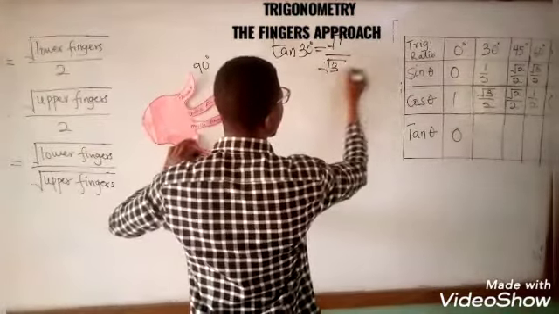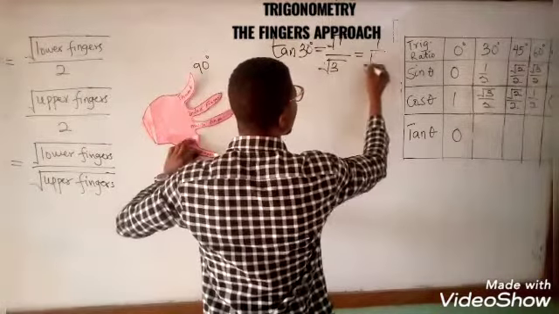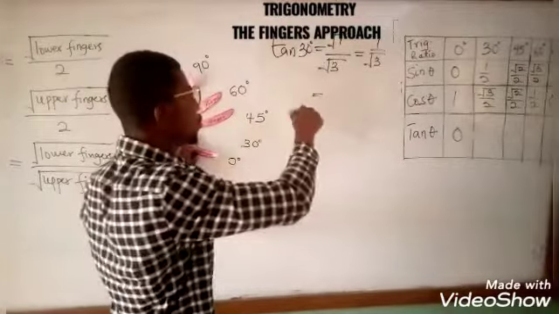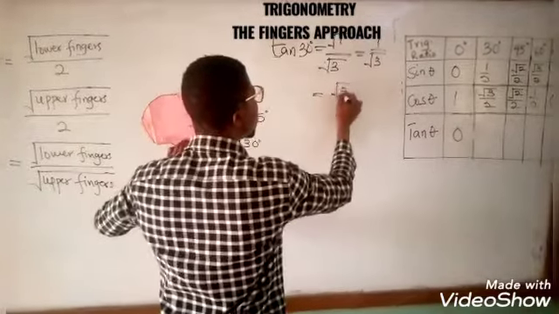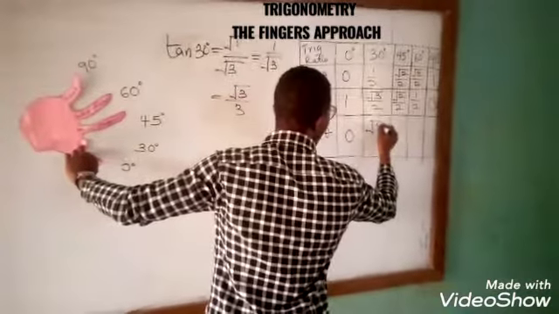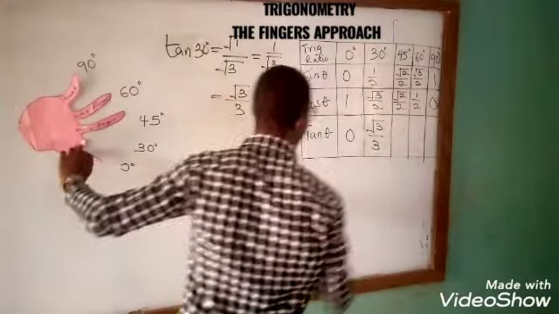So we have 1 over root 3. By rationalization, you will have root 3 over 3.